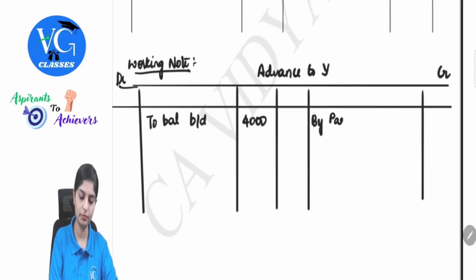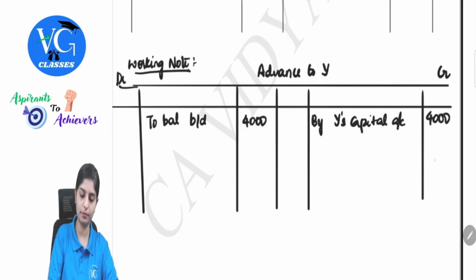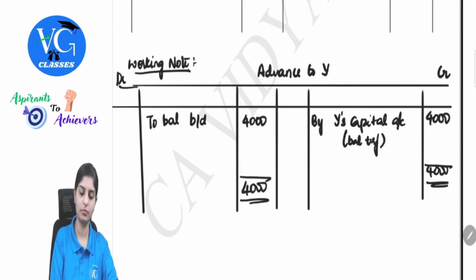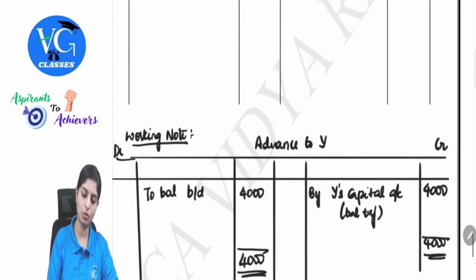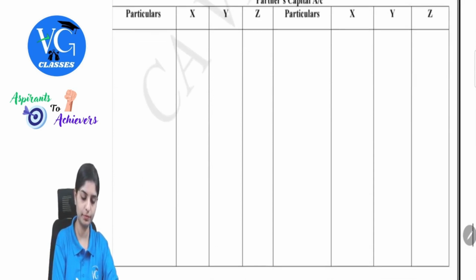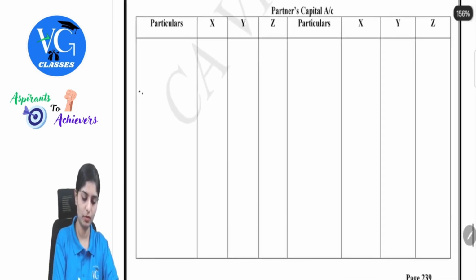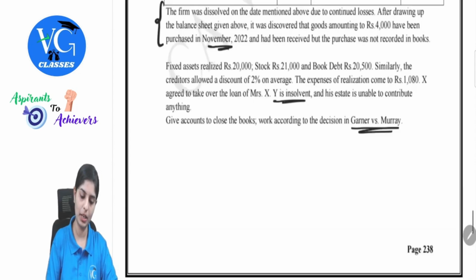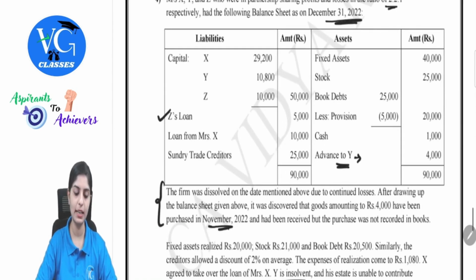By Y's capital account 4,000. To advance to Y 4,000. Done? Yes. So we have completed the asset side.